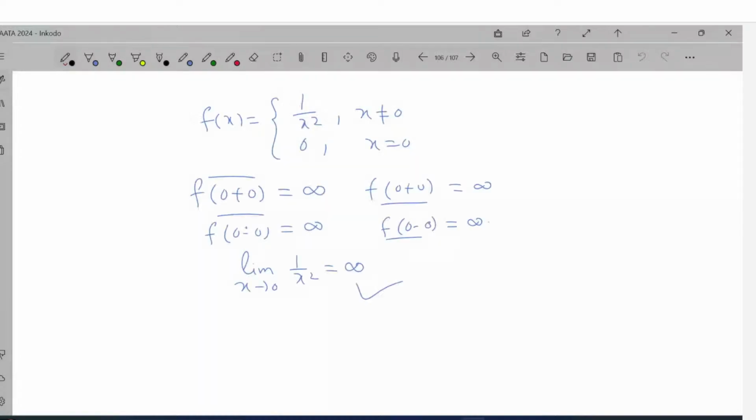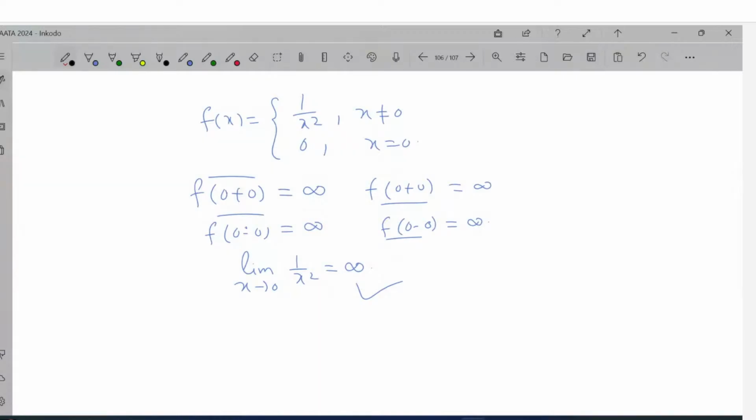These two equal means the right hand limit is infinity. So limit at x tends to 0 plus is infinity.